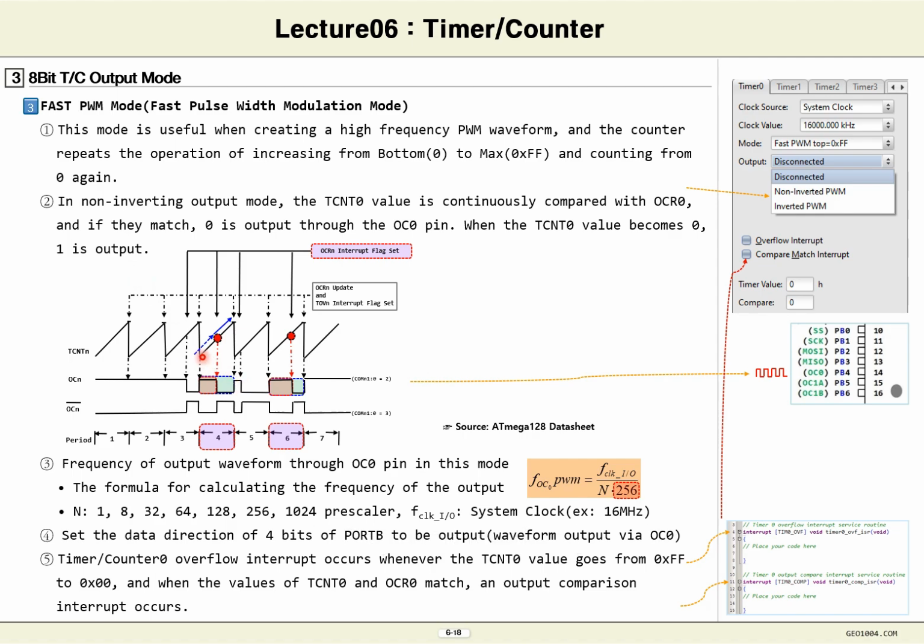As you can see here, clearing occurs when the TCNT0 value increases and matches the OCR0 value. It creates a square waveform that goes up to the top value and becomes a set. However, if you use inverting mode, this is the opposite of set and clear. Where a comparison match occurs, it becomes 1. And it is cleared where the top value is met.